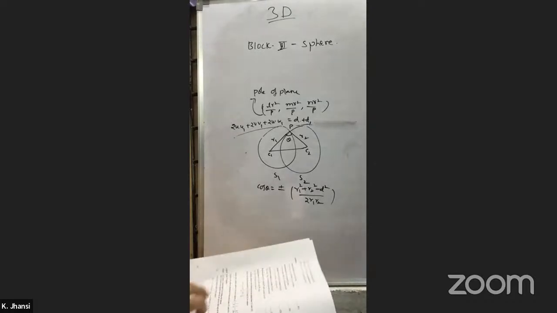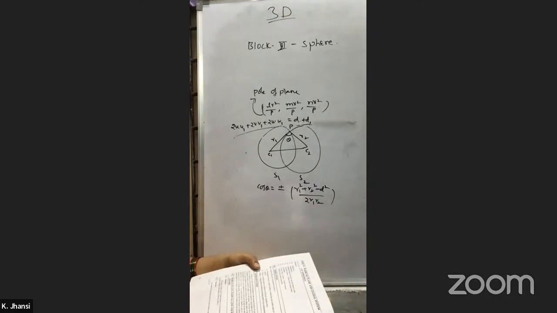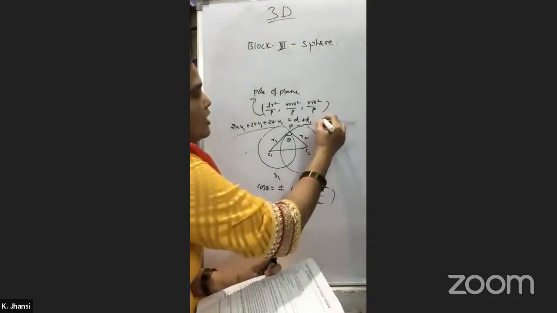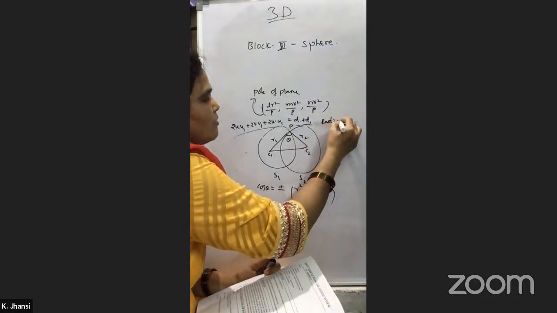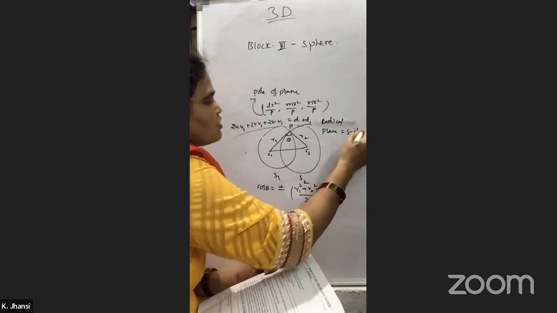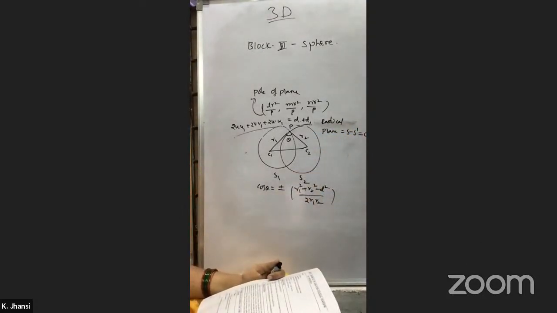In the 9th unit we have the concept of the radical plane. The radical plane is S minus S dash equals 0. On this also you will have formulas and problems, you see them. Next, the coaxial system is there.